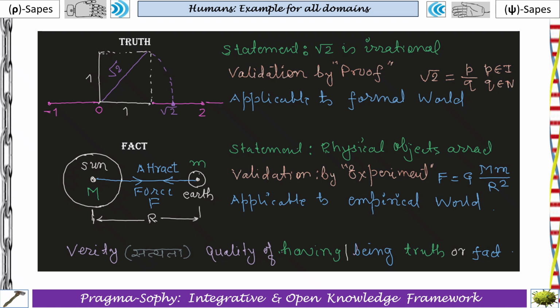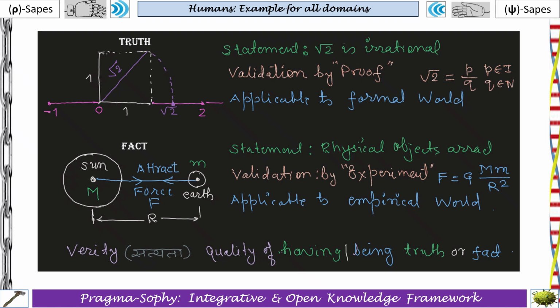When you place this on a number line, you see it falls somewhere between 1 and 2, but we don't know exactly how much. To validate this statement, that is to prove it, mathematicians use a method called proof by contradiction. They start by assuming the opposite is true, that root 2 is rational, meaning it can be expressed and written as p divided by q.